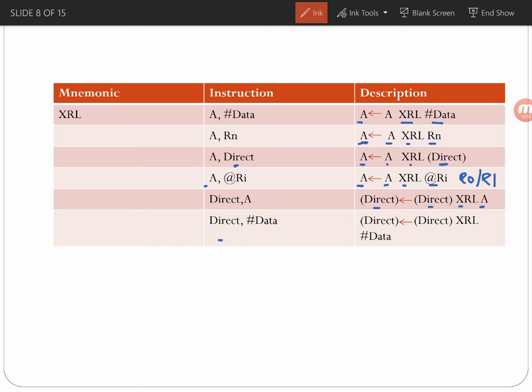So again, direct always indicates the memory location. So the content of the memory location is XORed with the immediate data, 8-bit immediate data, and the result is saved in the internal RAM location, which is specified in the instruction.